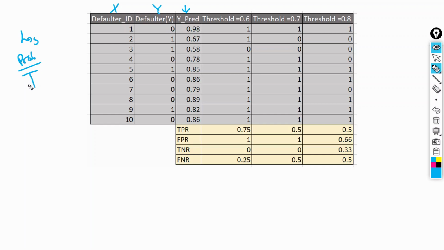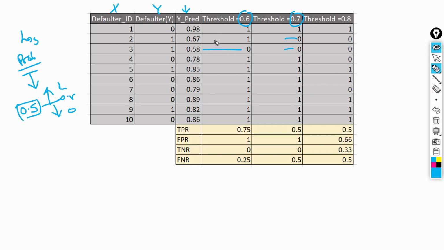To transform the probability into classes, we use a threshold. I use a 0.5 threshold. All values above will be class 1, all values below this threshold will be 0. Same here, I am using a 0.6 threshold, so this will be 0, and 0.7, these two will be 0, the remaining will be 1, and so on.